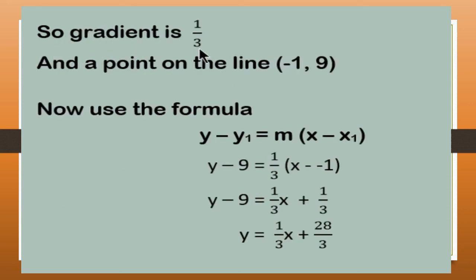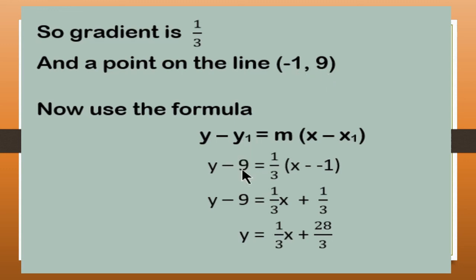Now that we have the gradient and 1 point, all we have to do is again substitute in the formula y minus y1 is equal to m into x minus x1 to get the equation. In place of m, we substitute the gradient 1/3. In place of x1, we substitute -1 from the point given here, and the y1 value is 9.